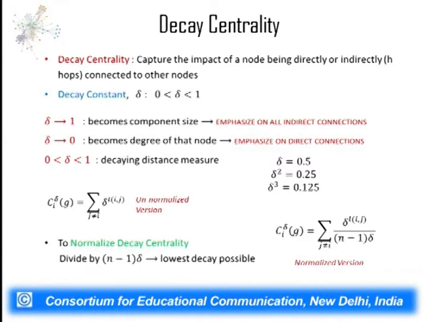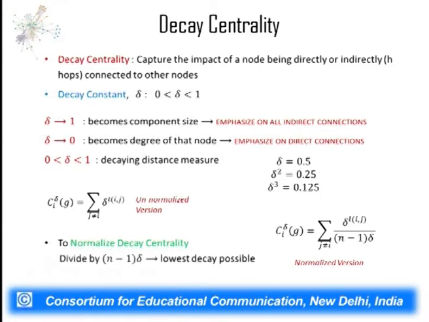If it is more towards 0, say 0 point something, it means that we put our emphasis on the direct connections. We don't want the transmissions to come to, for example, our substation. So we will try to diminish the value of delta.